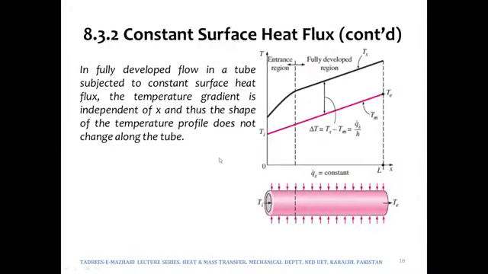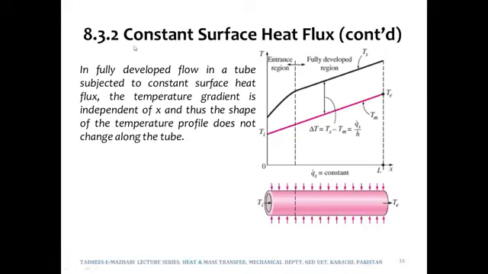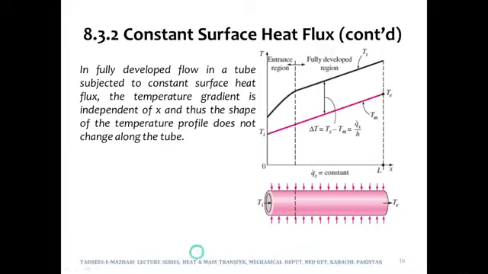Now moving forward, we are still discussing the constant surface heat flux case. It is shown that in the entrance region, this Ts has a non-linear behavior, but when it enters the fully developed region, it becomes linear.